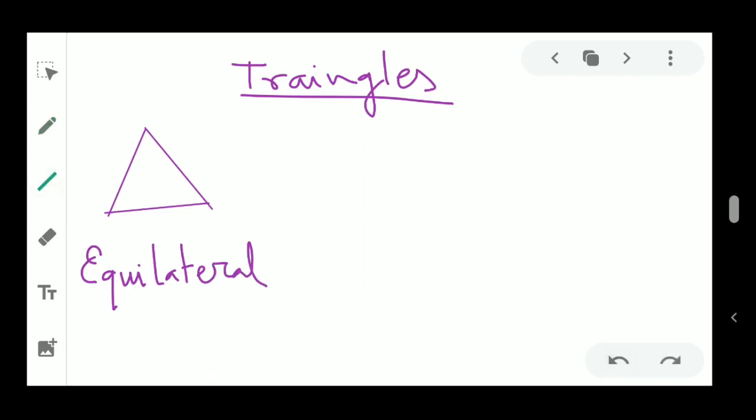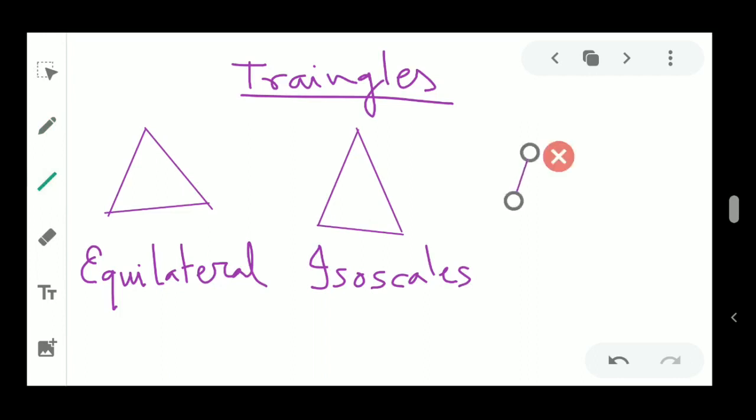Some triangles have only two sides the same, like this. These are called isosceles triangles. Okay. Some triangles have no sides the same, all the sides are of different length.